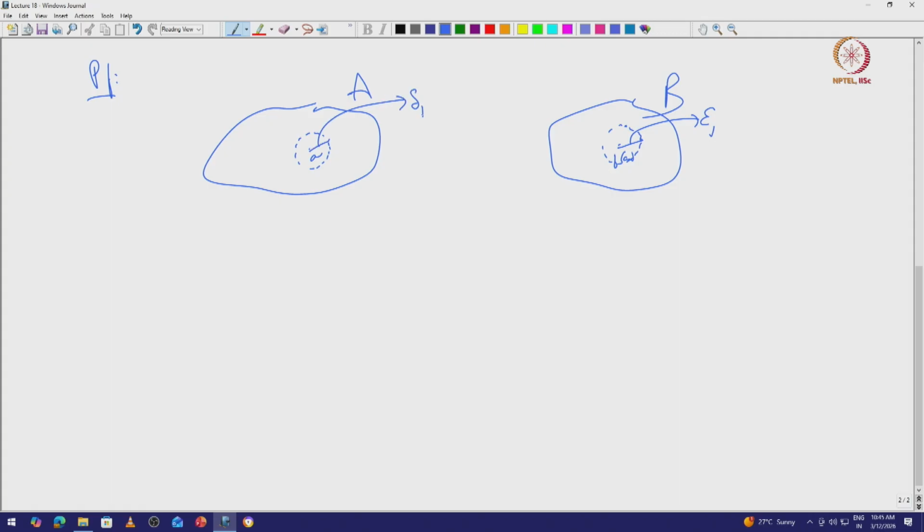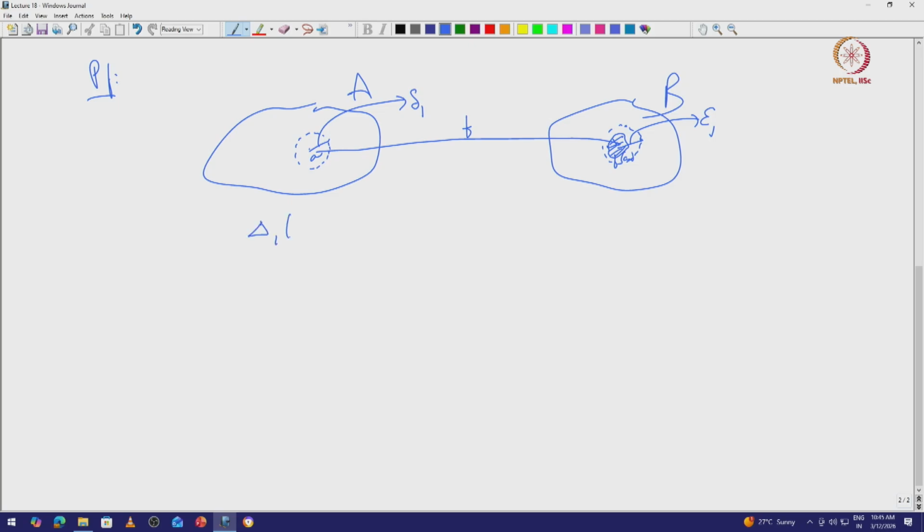And the image of this small ball lies somewhere inside. That is, this maps to this via f. This is the image of this small ball. So we choose delta 1 to be so small that this happens.